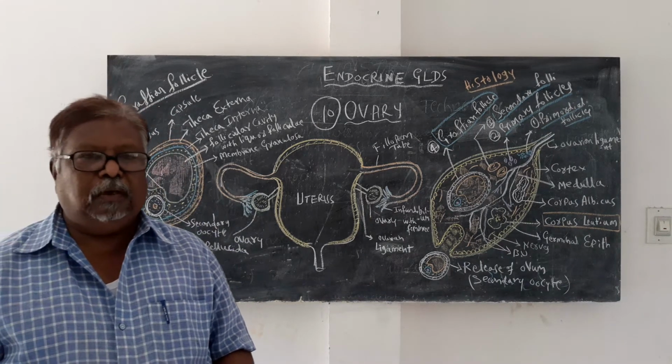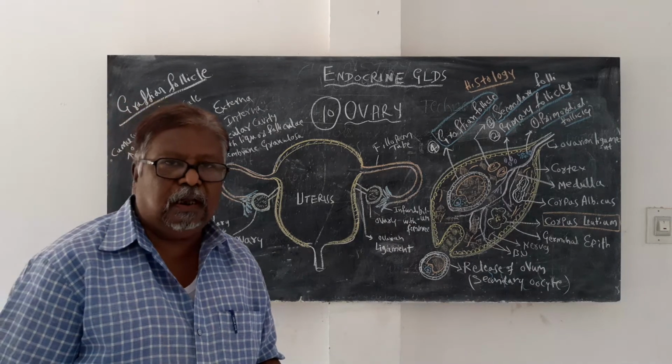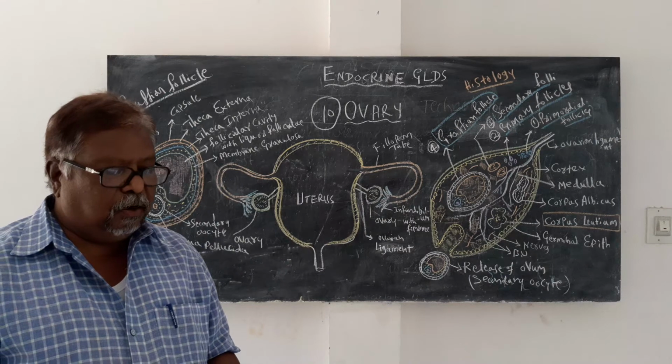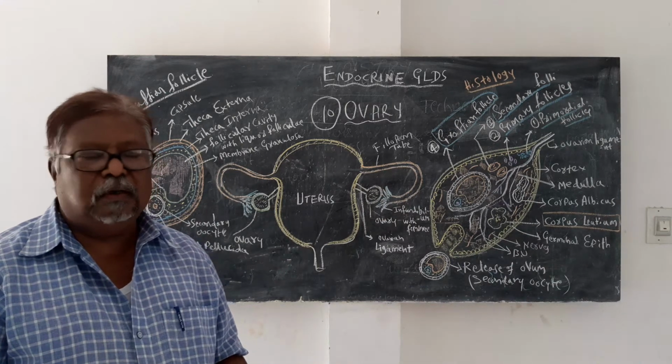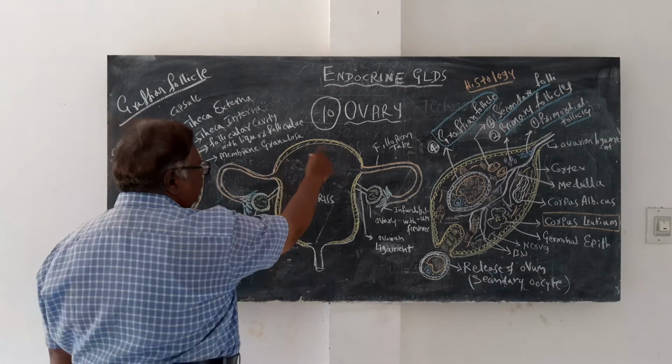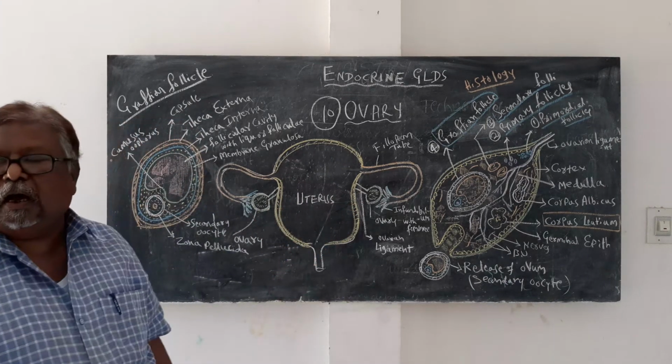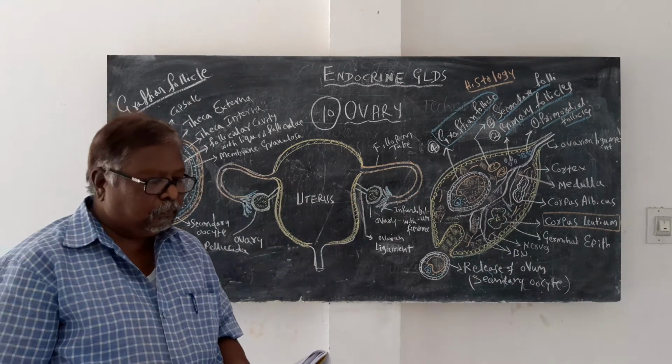So in the abdomen, in the pelvic region, these two ovaries are present. They are situated on each side of the uterus. So this is the uterus. On the sides of the uterus, the two ovaries are situated.